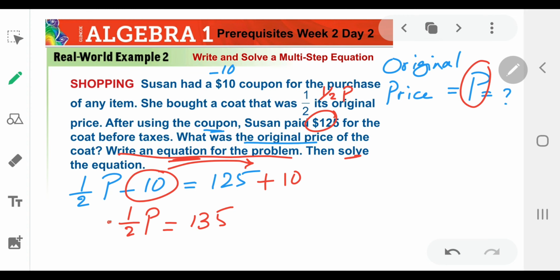This fraction is half, its reciprocal is 2 over 1. So you multiply both sides by 2 over 1, which is 2 actually. So it will be cancelled, and P will be isolated. 135 times 2 is 270.